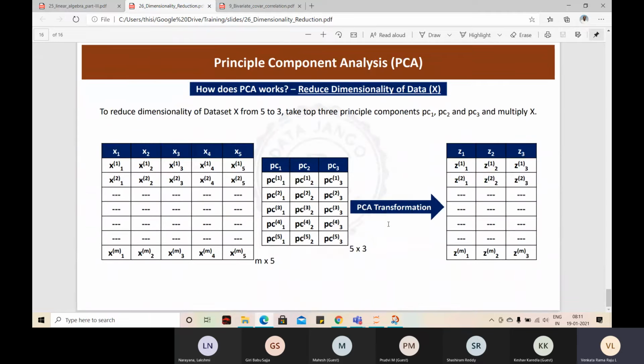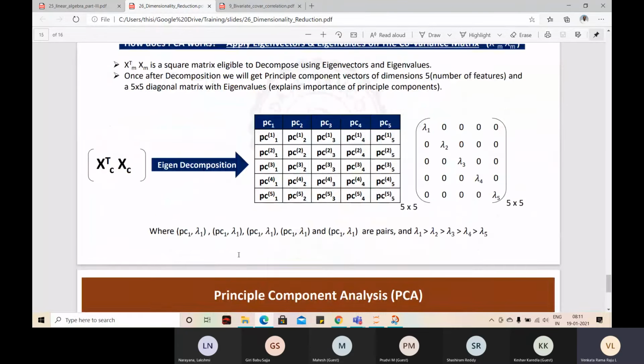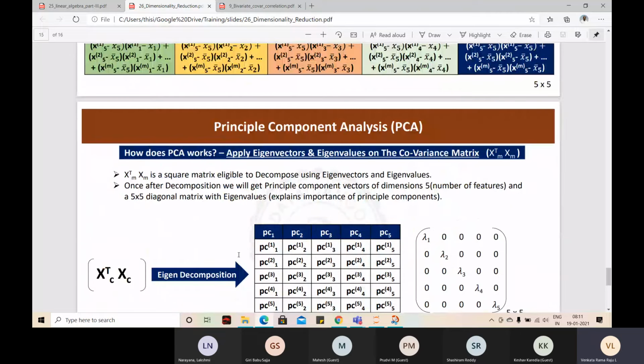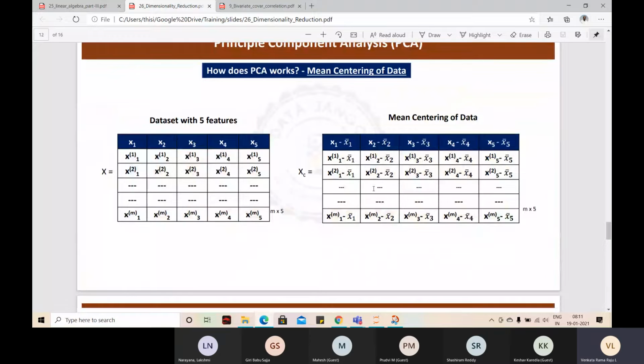Okay. Now the actual transformation is happening. I have 5 columns in my original data. So till here, I took the original data, centered it, and then multiplied the centered matrix with itself to generate a covariance matrix.